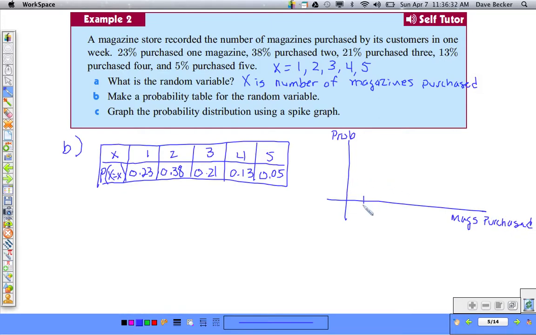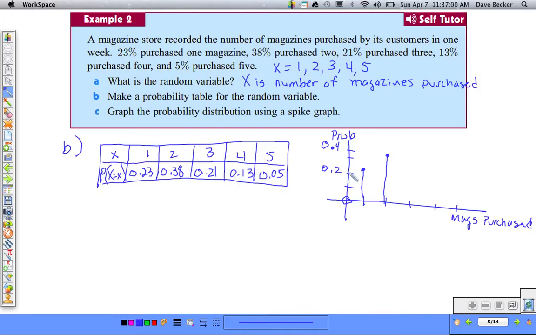So our possibilities are 1, 2, 3, 4, and 5. And 0.1, 0.2, 0.3, 0.4 ought to do it. Our origin is here. So 1 magazine was about 0.23. And draw the stick, 0.38, maybe about here.